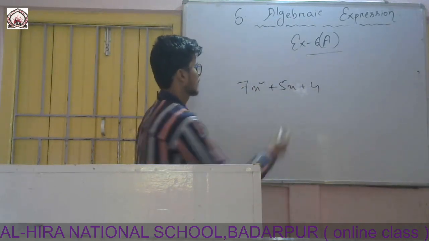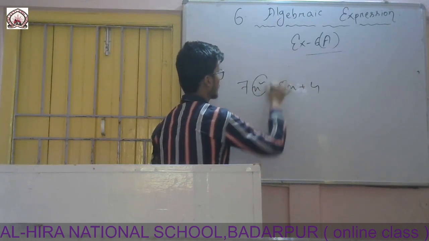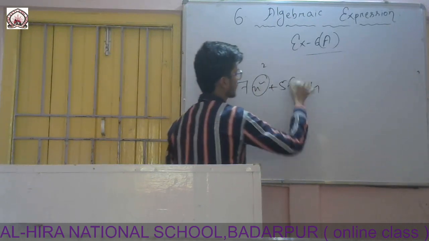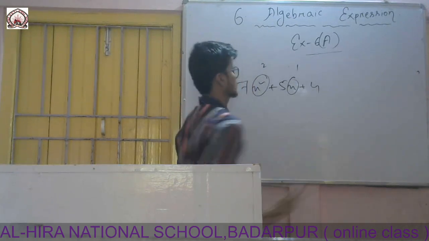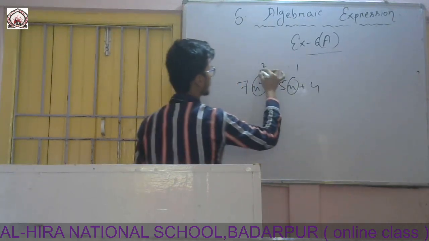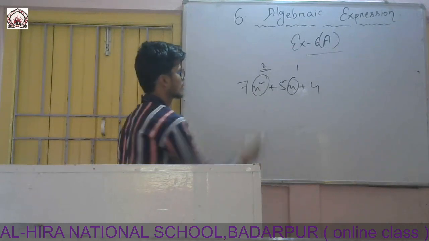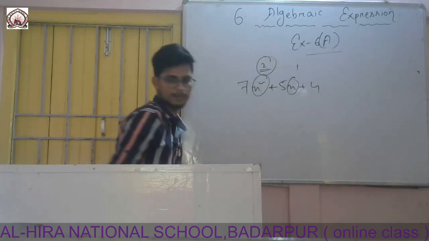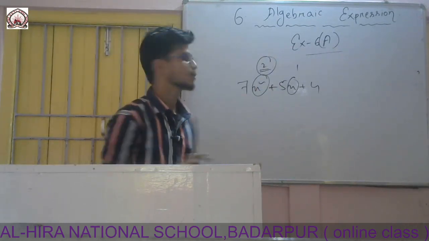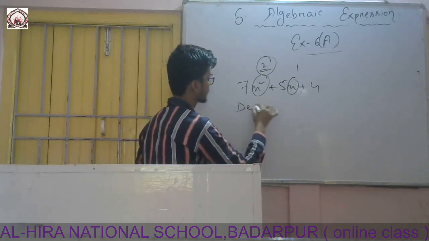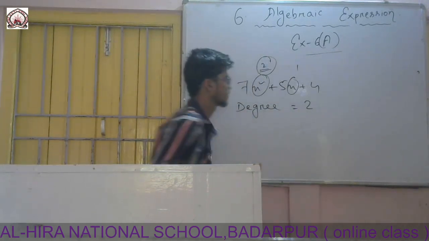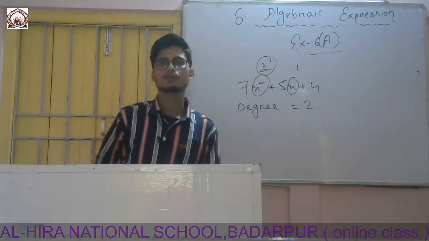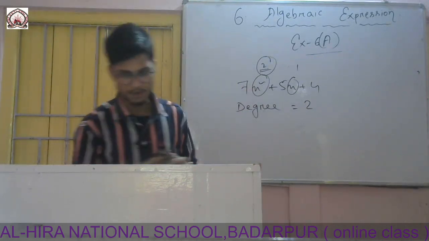So here this variable has power 2 and this one has power 1, and there it is 0, so it means nothing. So which one has the highest power? This variable. So this is the degree of the polynomial. So in this case degree is equal to 2. So simply you have to write which one has the highest power.